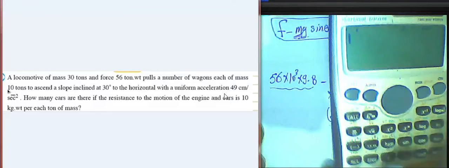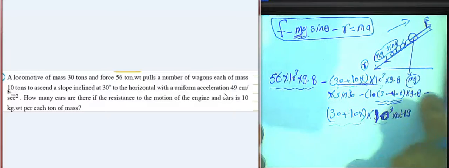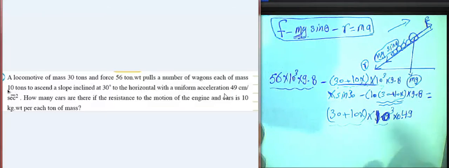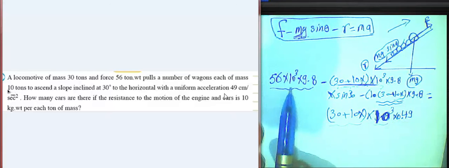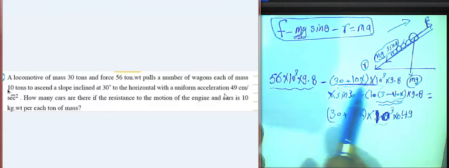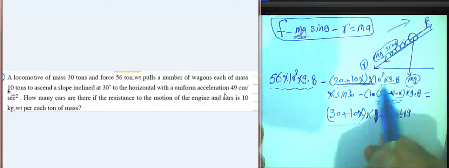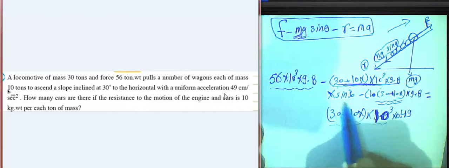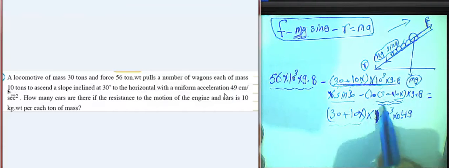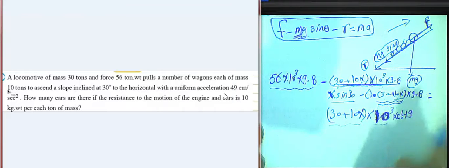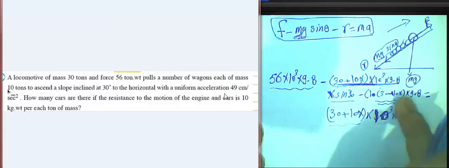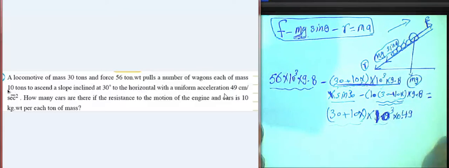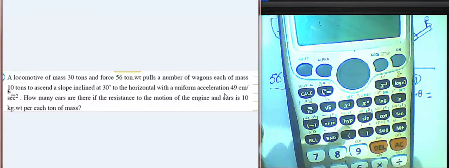Write all this equation and write unknown from your calculator to find the x. You can write the left hand side here, and we have this term multiply sine 30, subtract 10 and in brackets here 30 plus 10x multiply 9.8 in your calculator, and we have here x and here x and here x to find the result by using program of calc here.